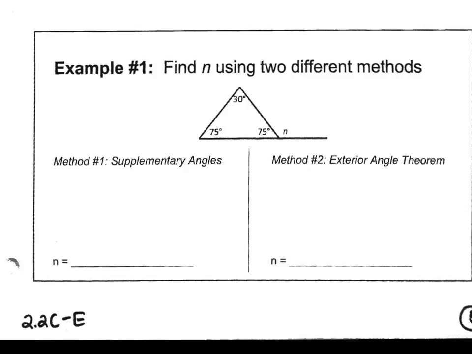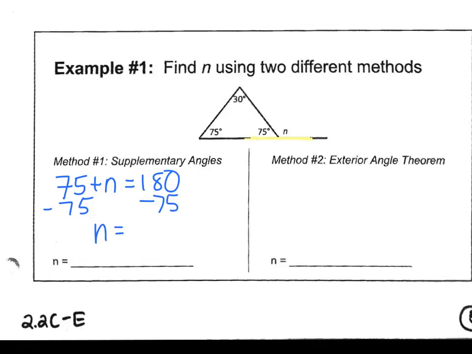So we want to find angle N two different ways. So angle N and 75 degrees are neighbors, which means that they have to add up to 180, which tells me that angle N has to be 105 degrees.